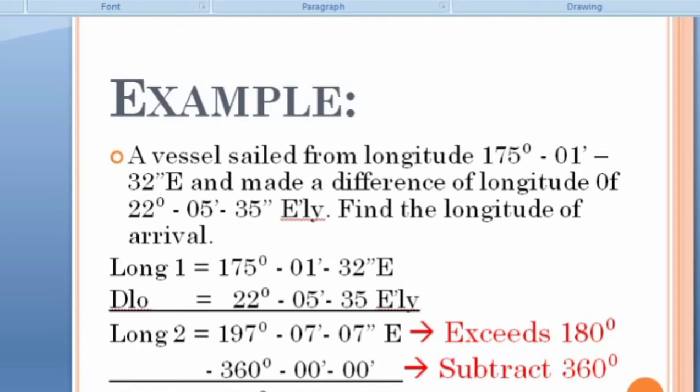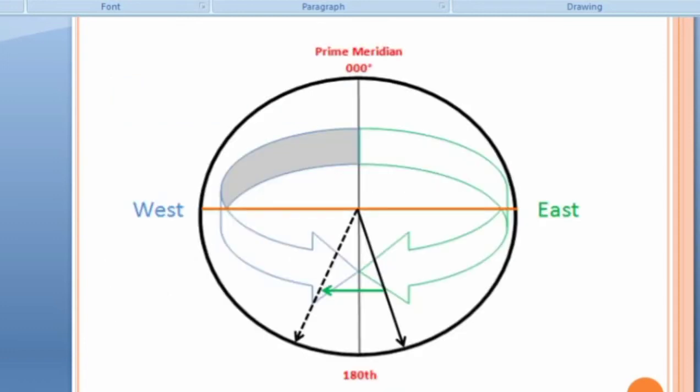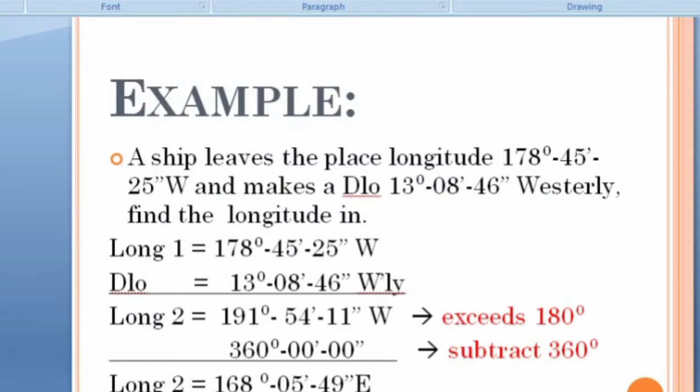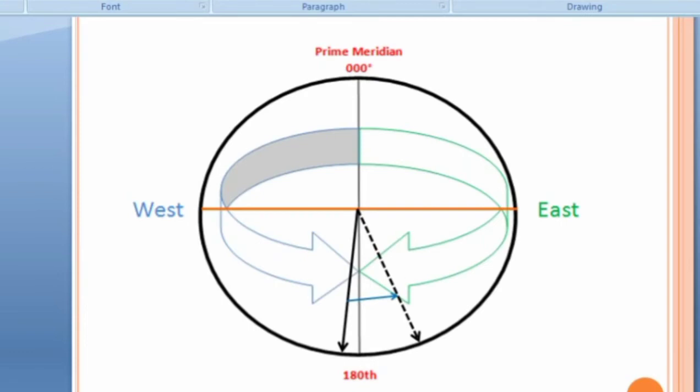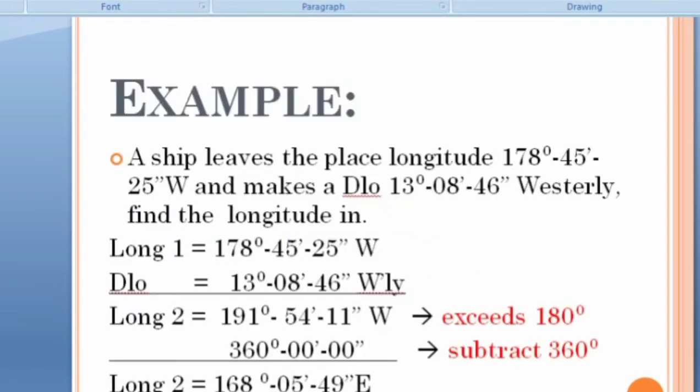So to further understand what I am talking about, I have prepared here another illustration for the particular problem. So let us assume that this is our place of origin or the longitude from, which is 178 degrees. I'm sorry, I am very sorry for this one.